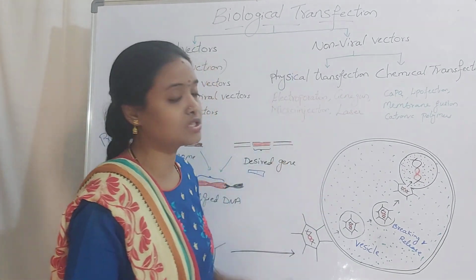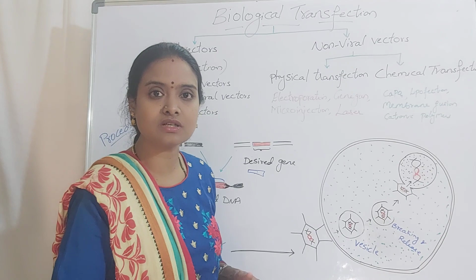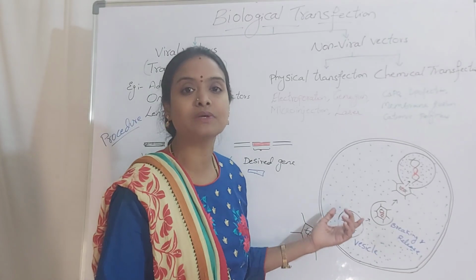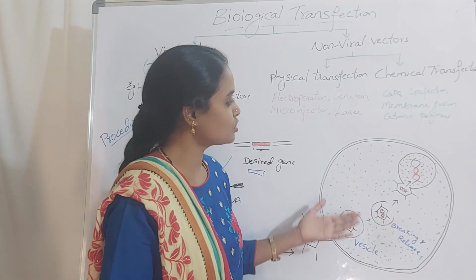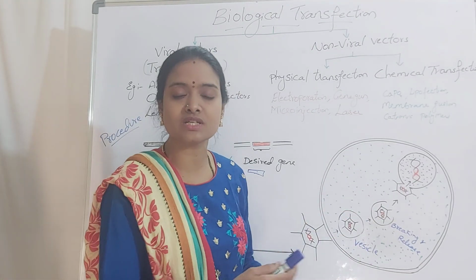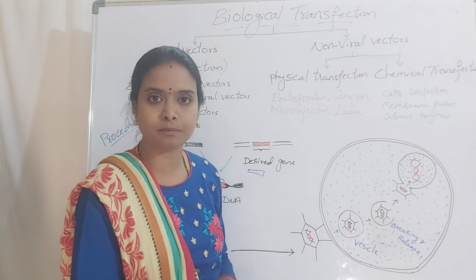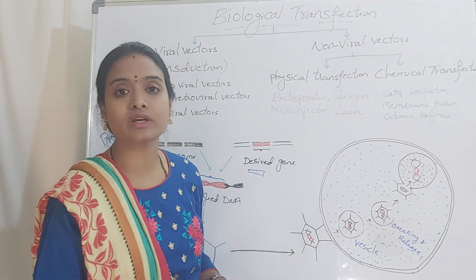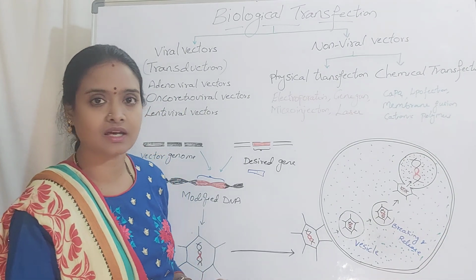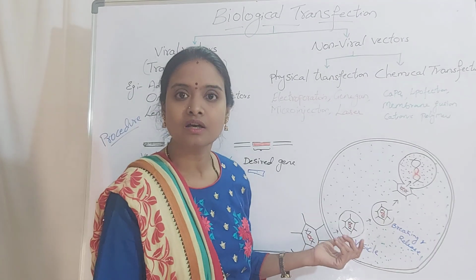Why are we doing the transfection? In order to modify the animal cell to produce some useful product. Is that clear? It is used for producing certain products, and there are also therapeutic applications, curing cancers, heart defects and gastrointestinal tract defects and so on.